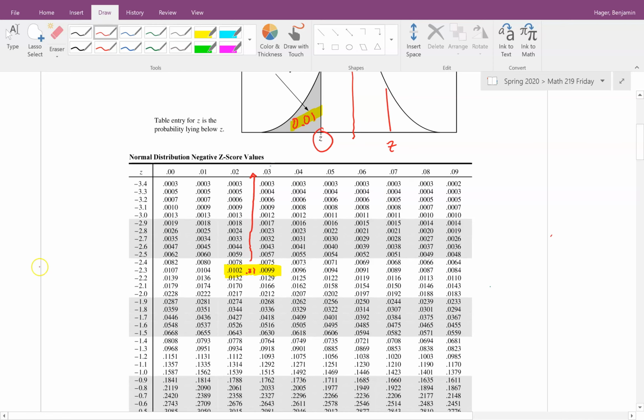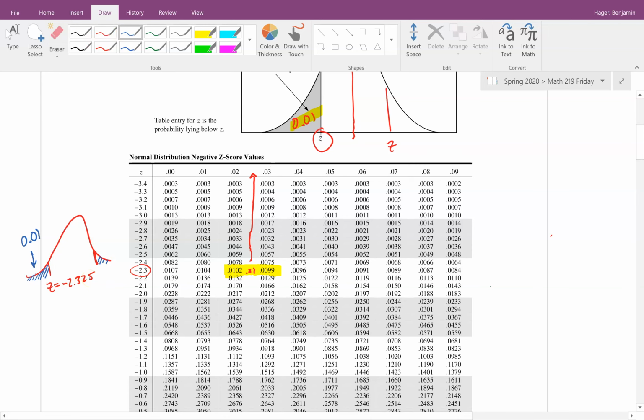What I've got here is a z-score of negative 2.325. That right there is blocking off 1% to the left. And if I wanted to leave 1% to the right, it would be positive 2.325.